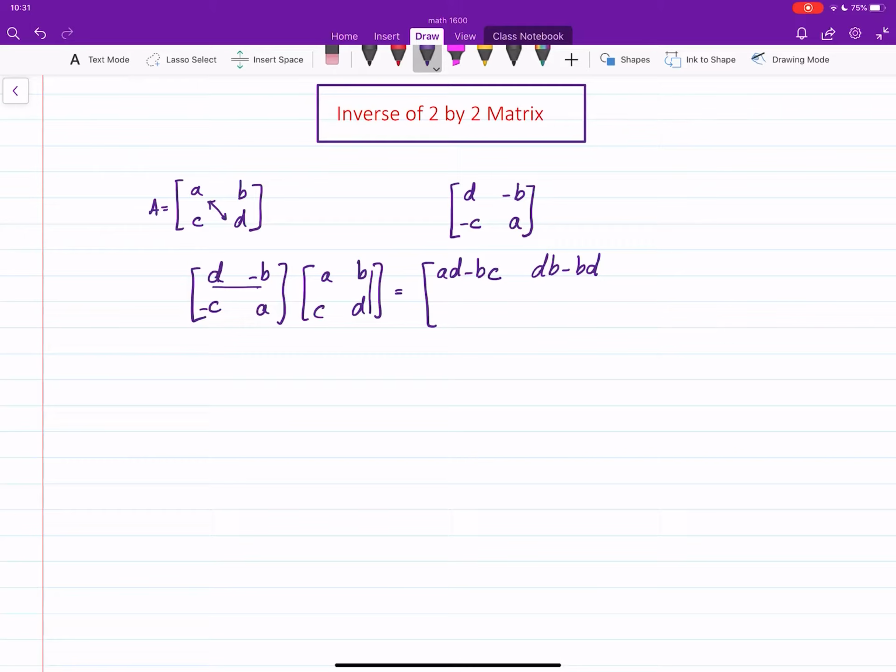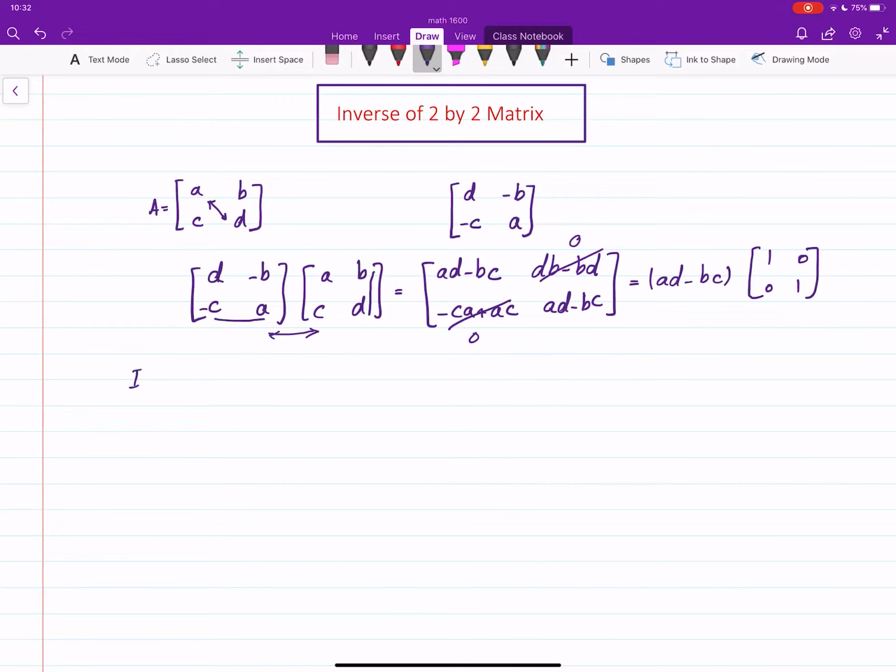And the second row, first column is minus CA plus AC, and the second row, second column gives us AD minus BC. And as you can see, these two are 0, and we can factor out this AD minus BC part, and we get the identity here. So the multiplication of these two matrices is not equal to the identity, but a multiple of the identity.